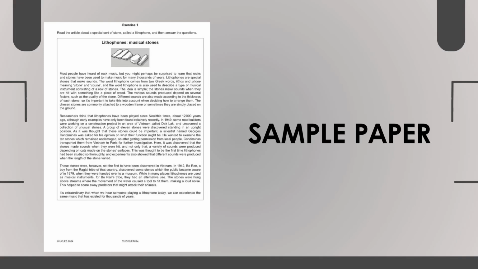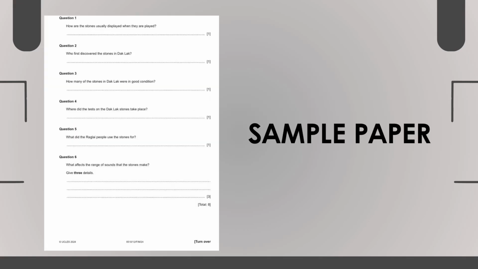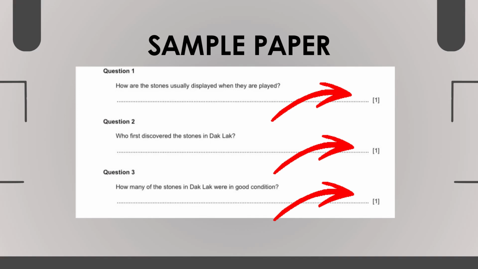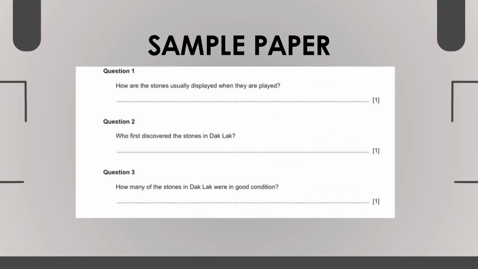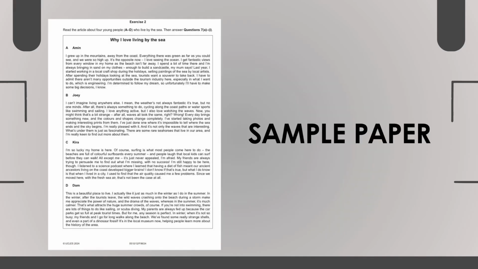For example, here is the highlight of the instruction that I've prepared for you. Next, answer the questions given. In this question, you are given mark allocation at the end of each question, and a total of marks will be given at the end of the set of questions for exercise 1.